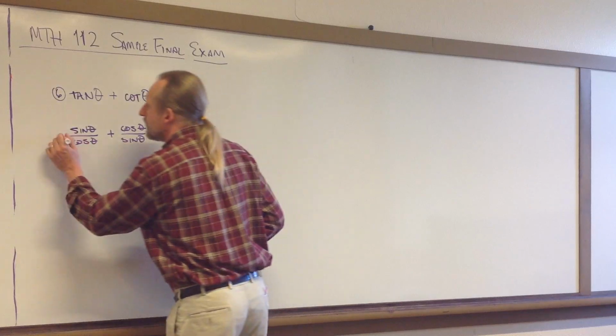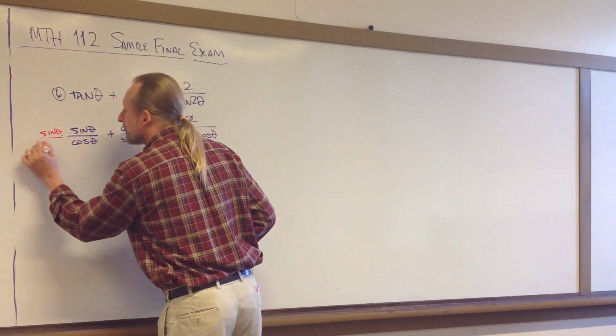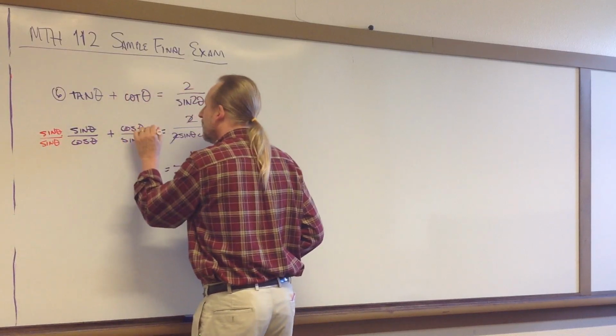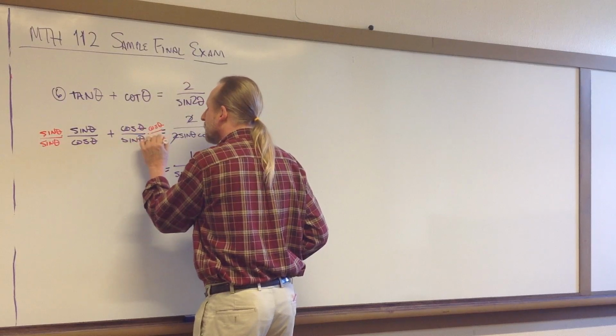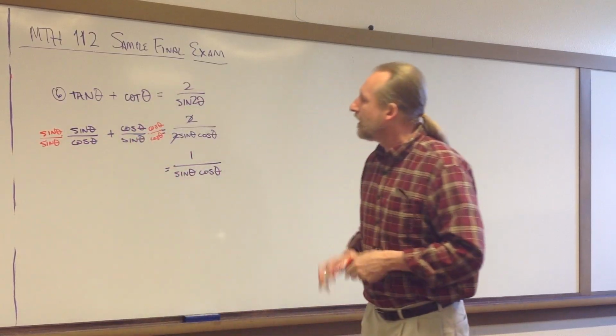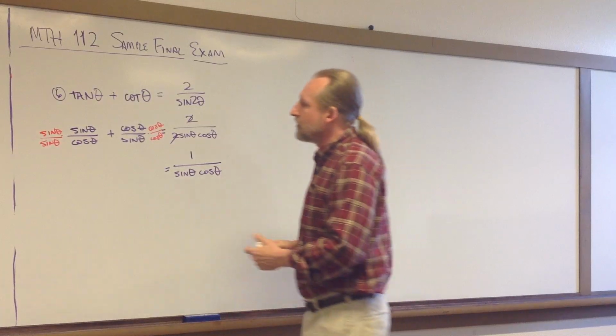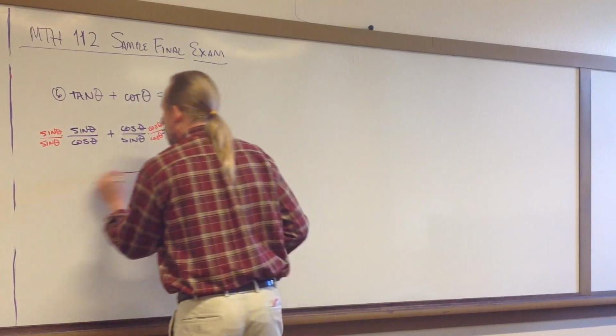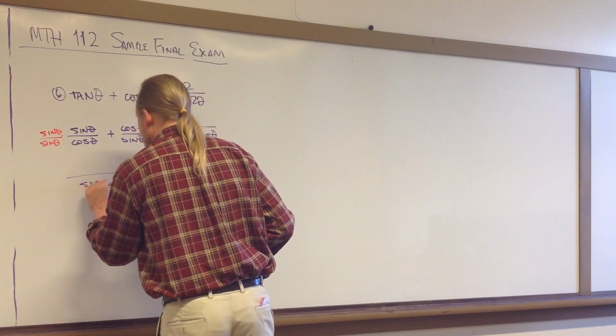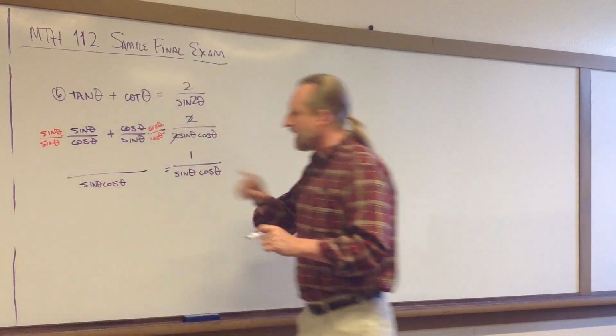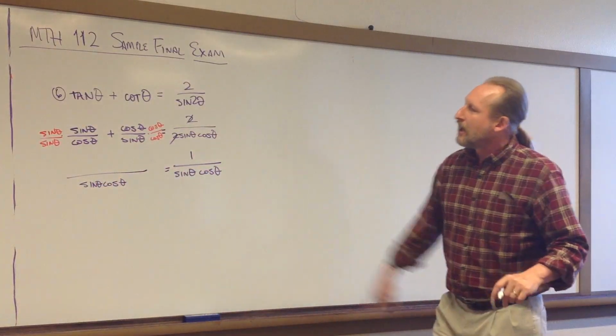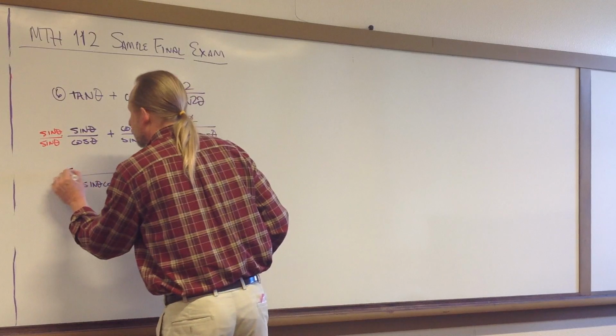So this one needs to get multiplied by sine theta over sine theta. This one by cosine theta over cosine theta. And so that'll give us a new common denominator of sine theta cosine theta. Great. Same denominator that we have over here. On top, though, we get something a little bit different.